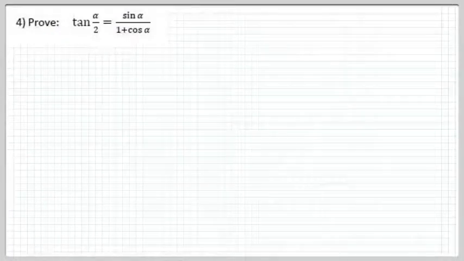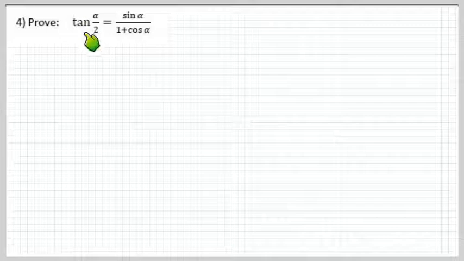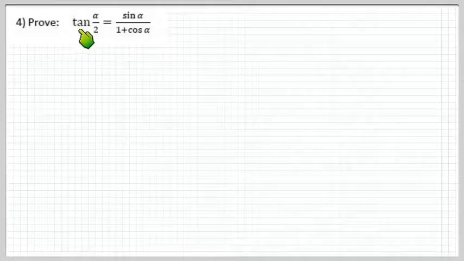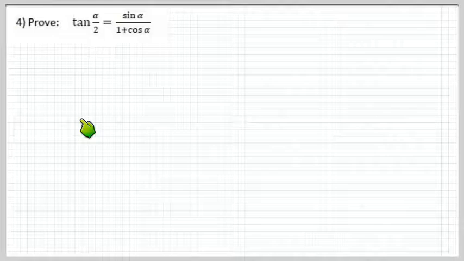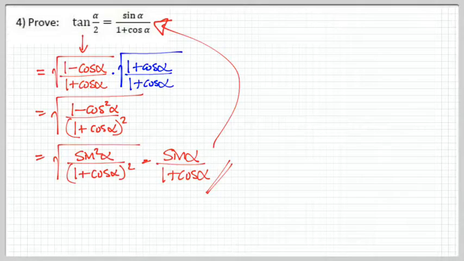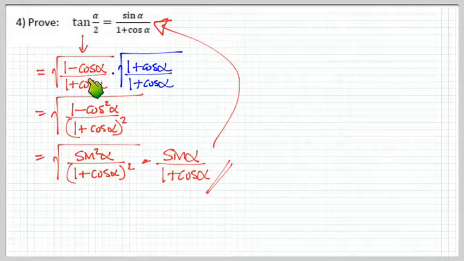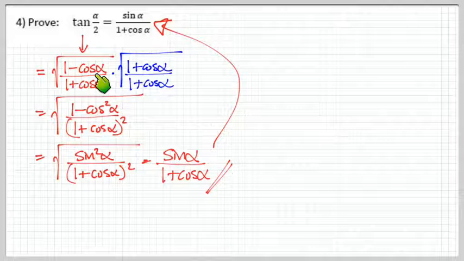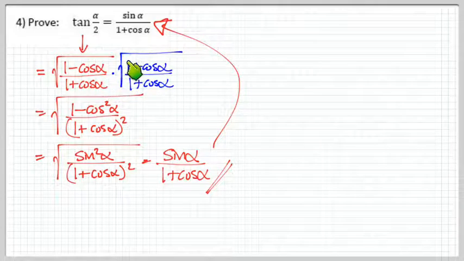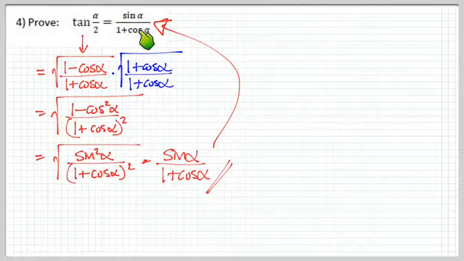Okay, last one here. Here's a little hint before I show this. Try to work down on the left-hand side and make it the same as this. Okay, so here's the answer. We use the half-angle identity to bring this down here. Now the magic is this. I want to match the denominator over here.